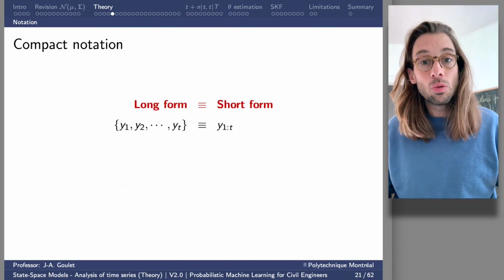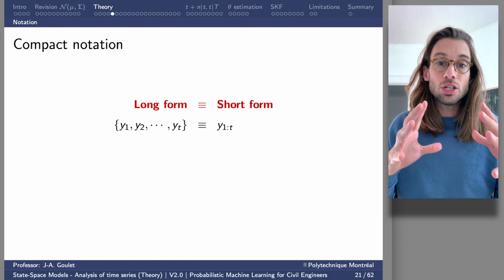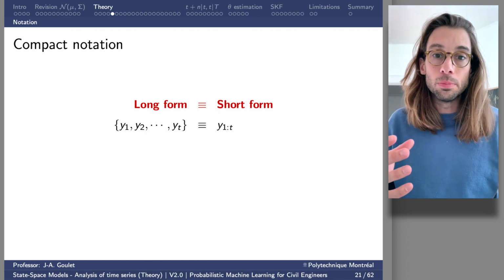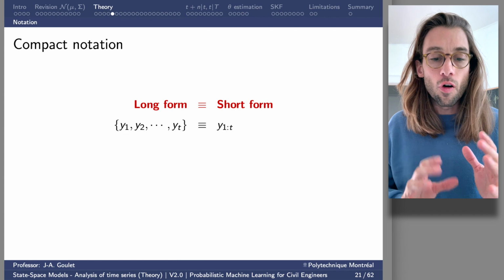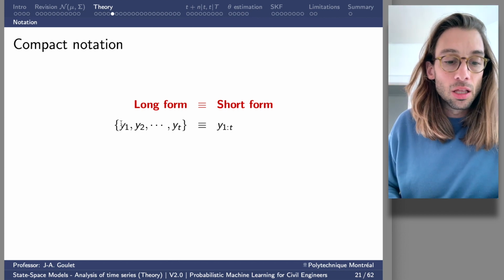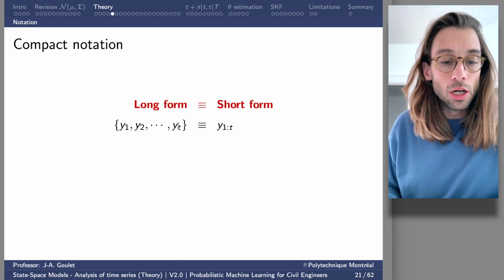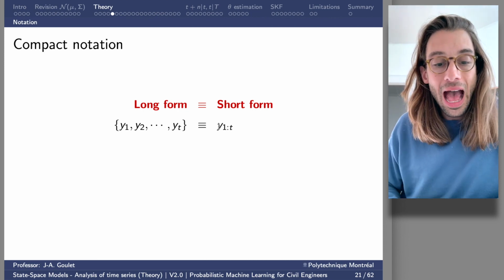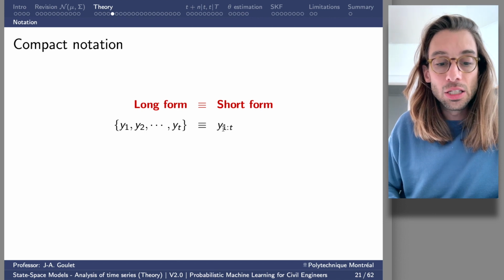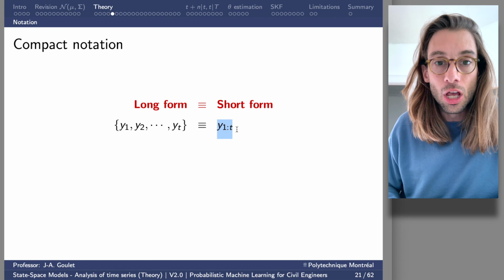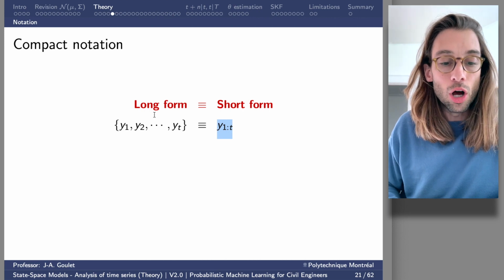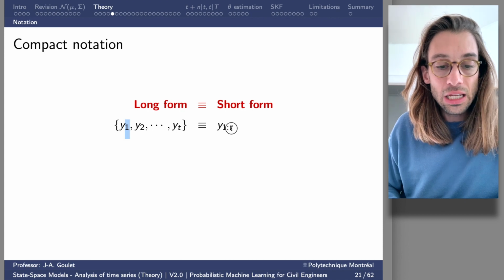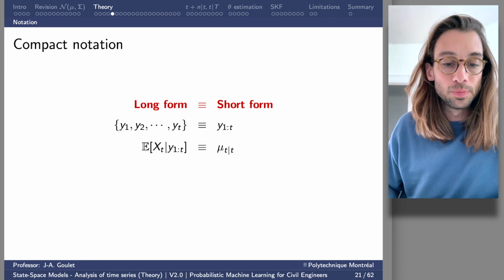But before seeing this, we need to define a compact notation to keep the equations simple. In the long form, a set of observations from y1 up to yt, I'm going to express in the short form as y subscript 1 semicolon t. That represents the collection of observations from y1 up to yt. The first index is the first observation, the last index is the last observation.